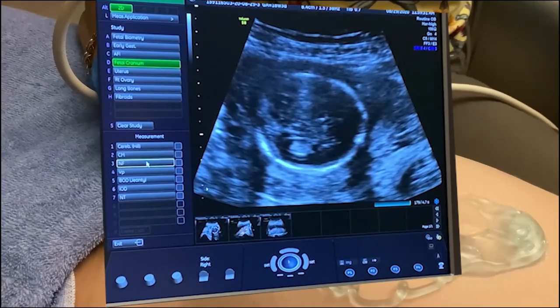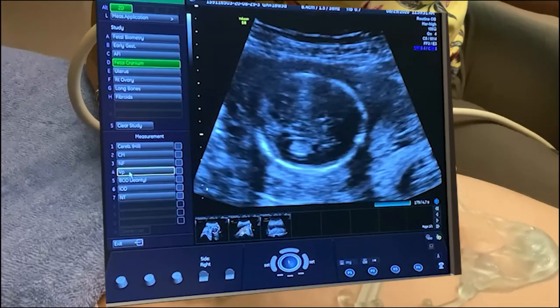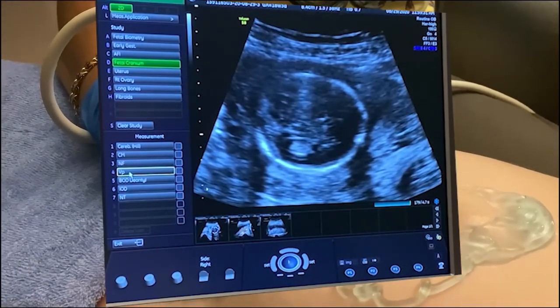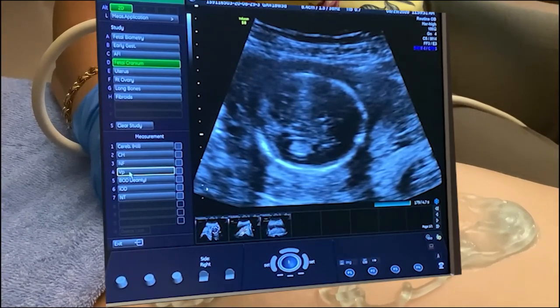I'm going to select VP on this system. Some systems say lateral ventricle, anterior, posterior, whatever the vernacular is for your particular system, but on my system, it says VP.